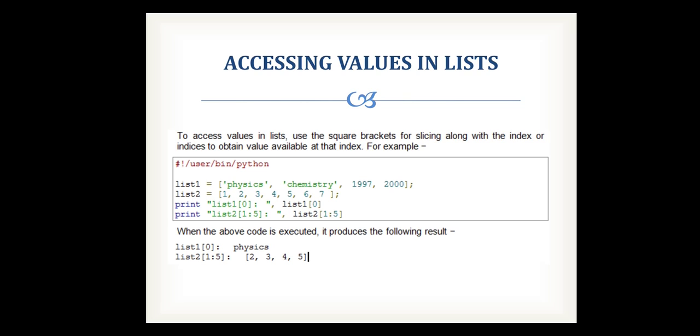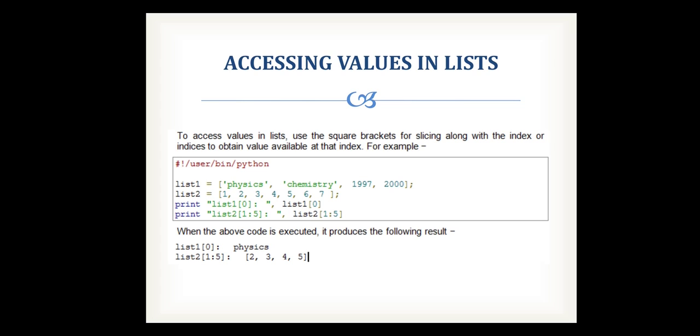Now we are going to see how to access an element by using index positioning. See that in the first print statement we are going to access the list 1 element whose index number is 0. So it will directly print physics.